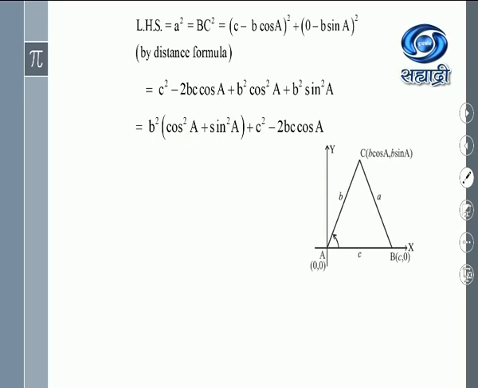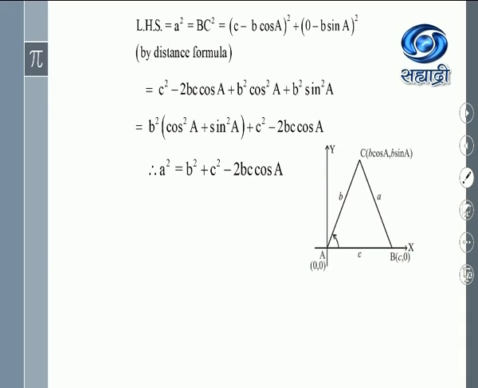But you know cos square A plus sin square A is 1. So we have this as A square, LHS we started with, A square is equal to B square plus C square minus 2bc cos A.